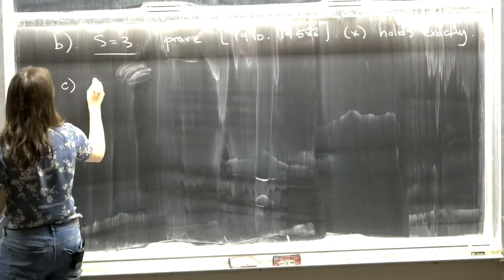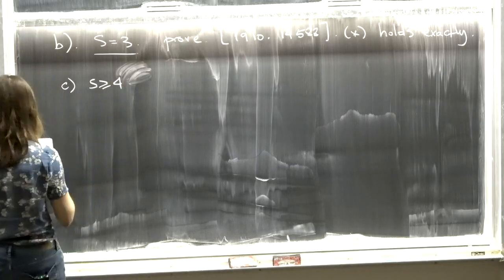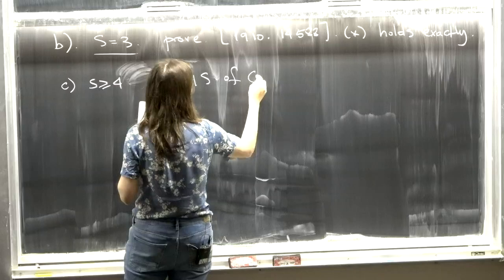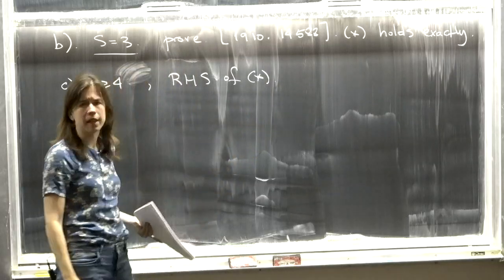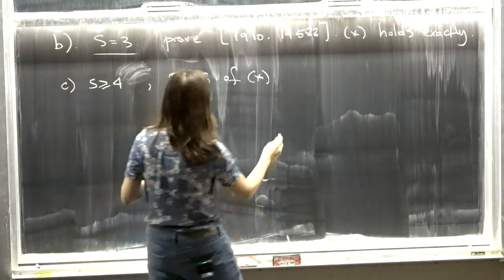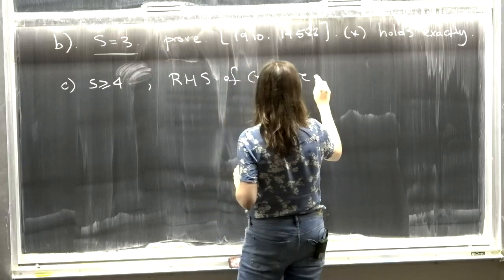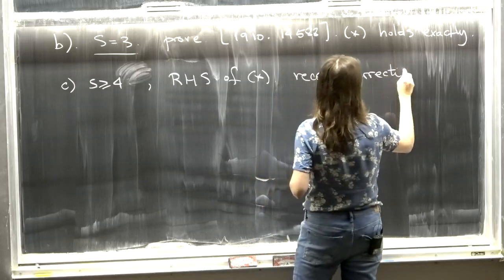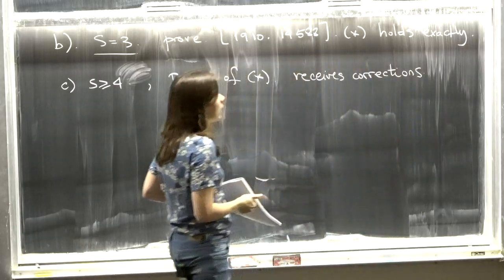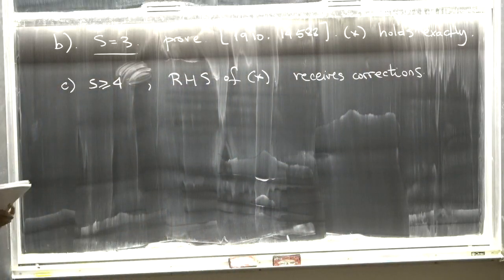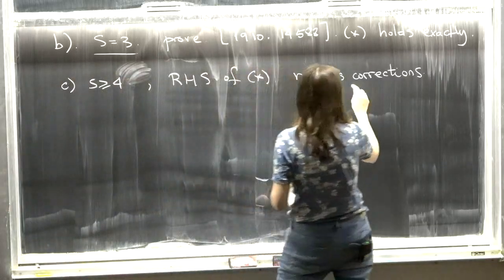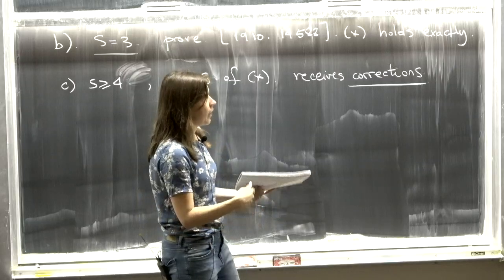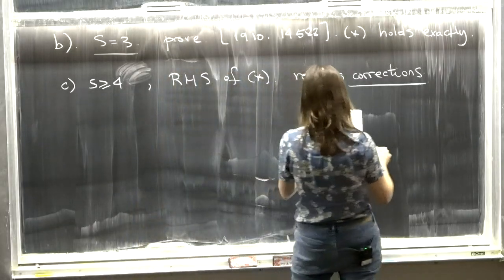Okay, and then for s greater or equal than 4, the right-hand side of that equation star is going to start receiving corrections, as you would expect. I'm not going to say anything more about them because they are not really understood. There is no known way, at this moment, of nicely repackaging all of these corrections.